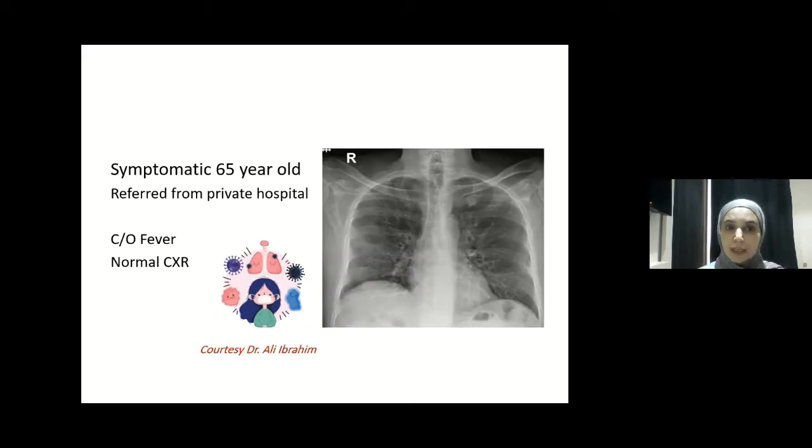Another patient, age 65, referred from a private hospital. He was symptomatic with fever and a normal chest X-ray. You can see a ghost opacity with a mild atelectatic band in the left lower lung. And again, we want to know whether to admit this patient for better care or send him for home quarantine.